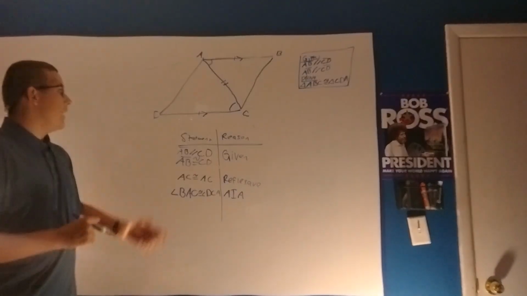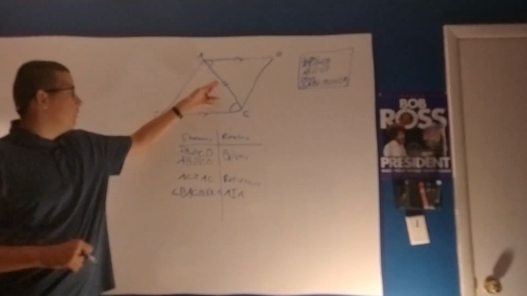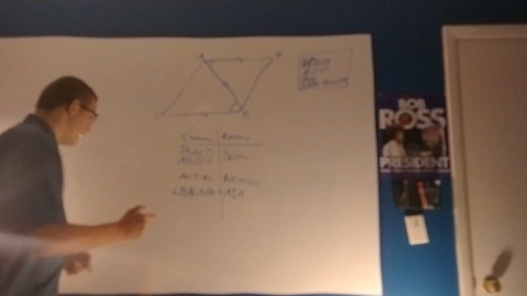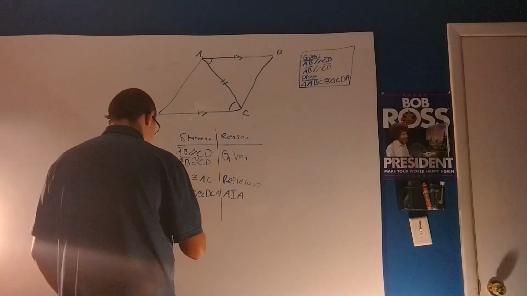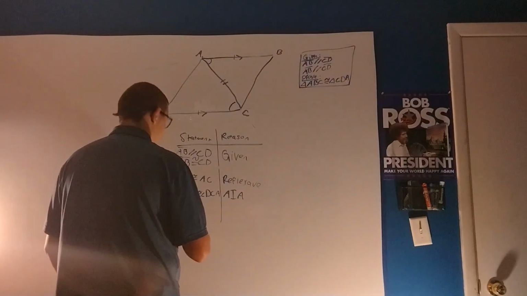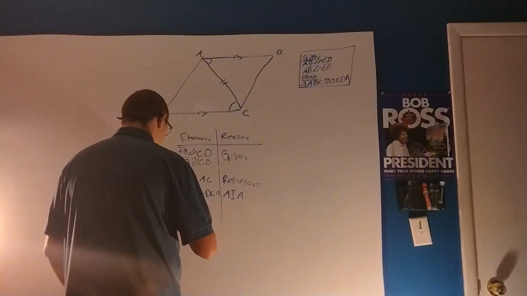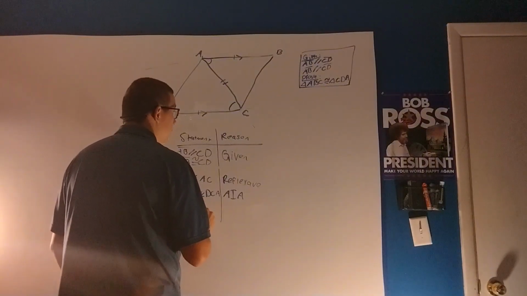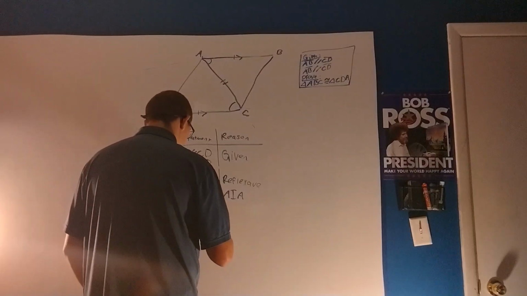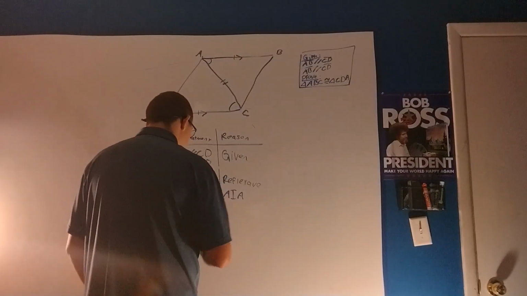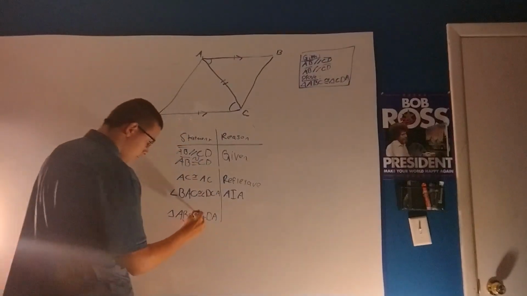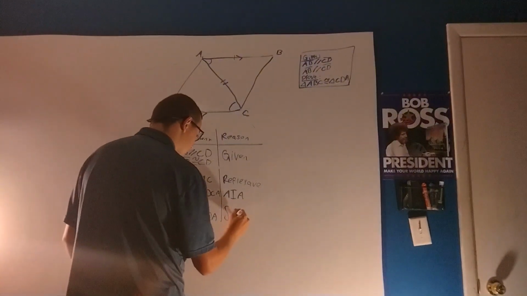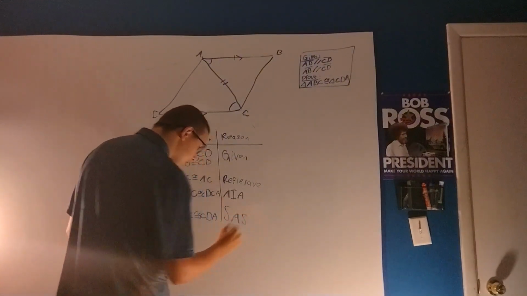And like that, we have side, angle, side, side, angle, side. So we can say that triangle ABC is congruent to triangle CDA because of side-angle-side.